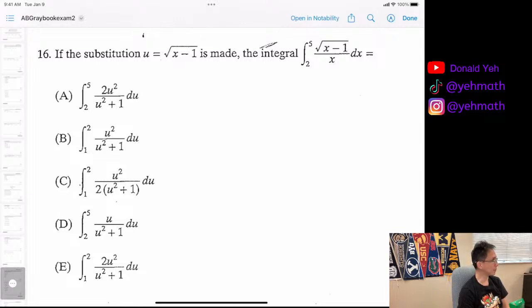It tests you on two concepts here. One, do you know how to switch your boundary? Second, do you know how to do back substitution? And that's it. That's the only thing they test on. Do you see the back sub? Because the outside and inside are the same degree.